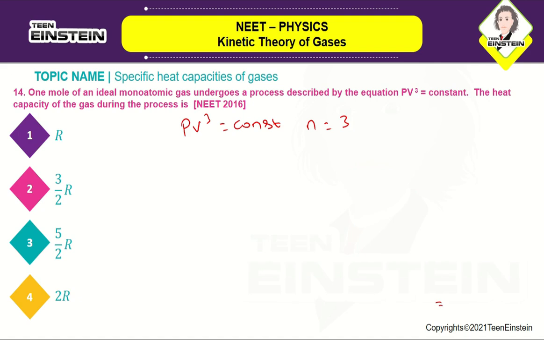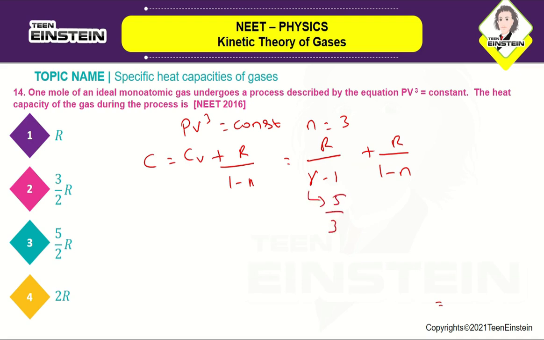So the specific heat capacity C is equal to Cv plus R by (1 minus n), which is equal to R by (mu minus 1) plus R by (1 minus n). Okay, so for monoatomic gas, mu is 5 by 3. So this will become R by (5 by 3 minus 1) plus R by (1 minus 3).